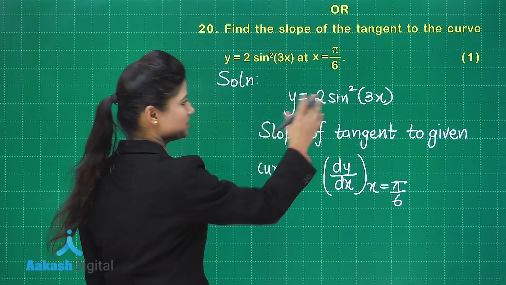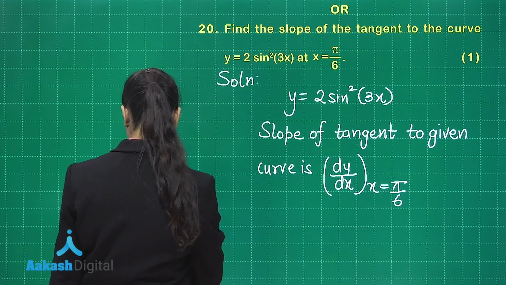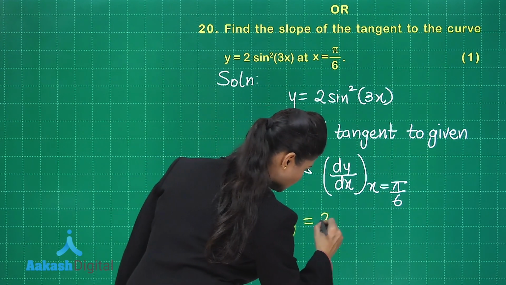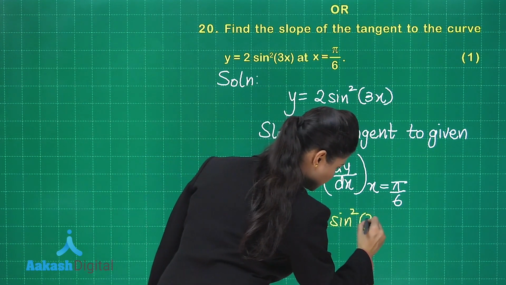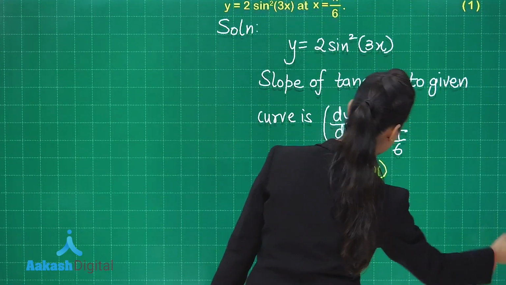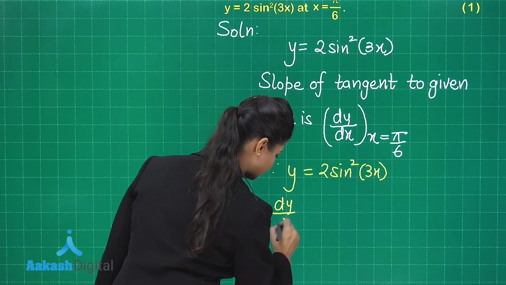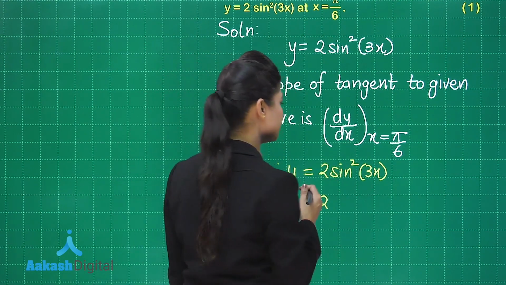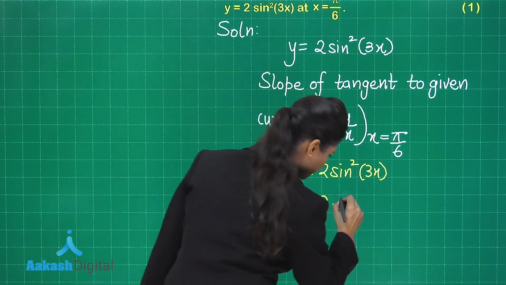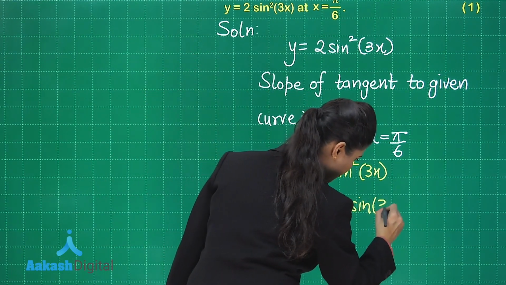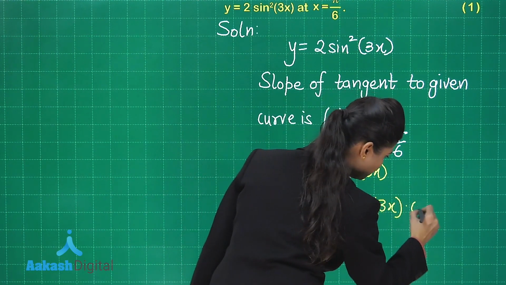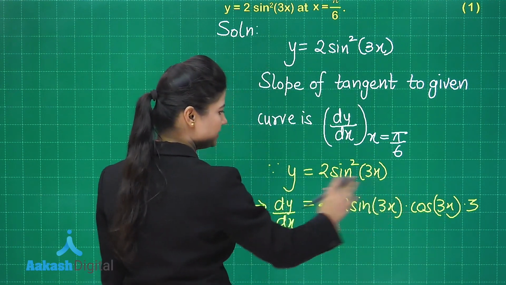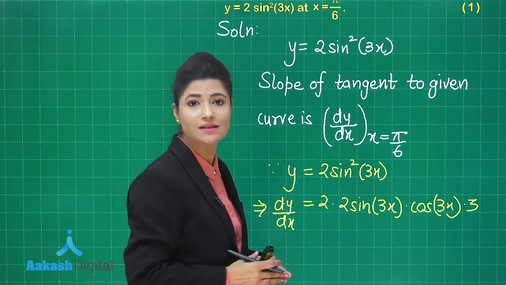So, I need here the first derivative of this function, and when you will be obtaining the first derivative of this function, since you have y equal to 2 sine square 3x, you need to apply here the chain rule to get this derivative. So, dy by dx will be equal to twice, on taking the first derivative, here you will be getting 2 sine 3x, derivative of sine 3x is equal to cos 3x, while derivative of 3x is 3. So, you can clearly see this simplifies to the value 12 sine 3x cos 3x.